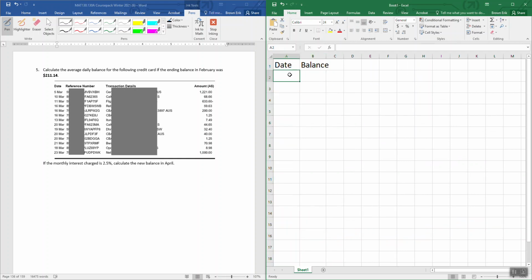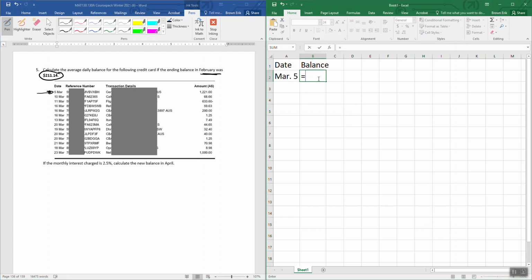So March 5th, the balance goes from, first note that this is the month after February, right? So February we ended with this much unpaid. And then our first purchase on March 5th is this $1,221 and 0 cents.